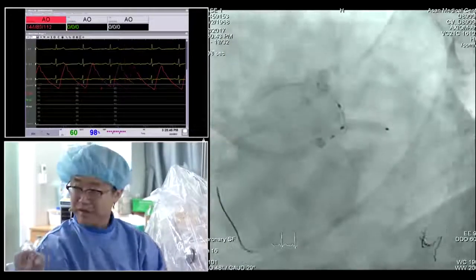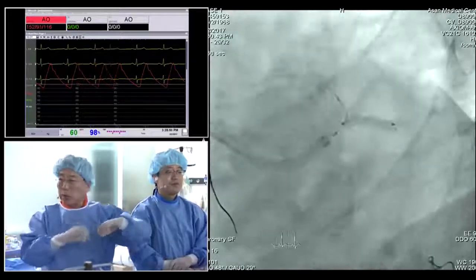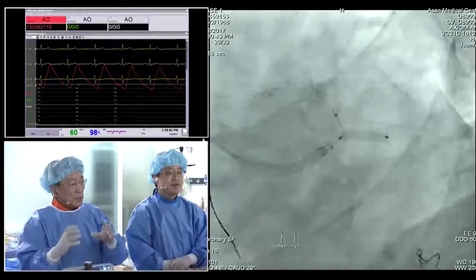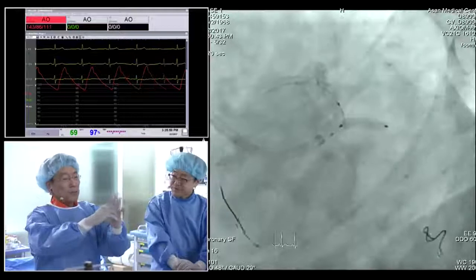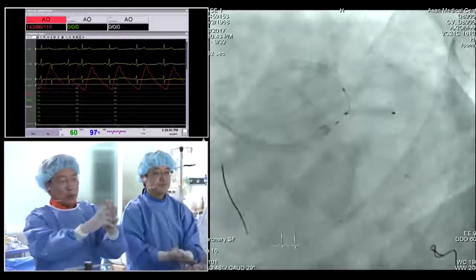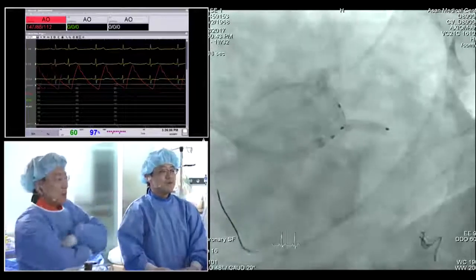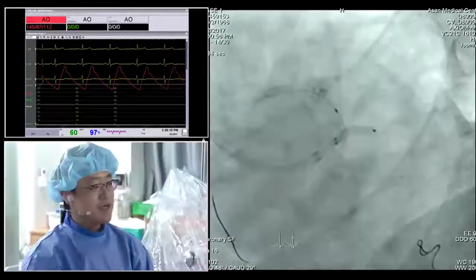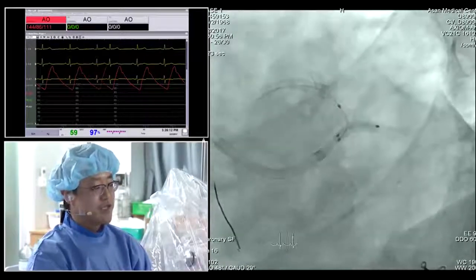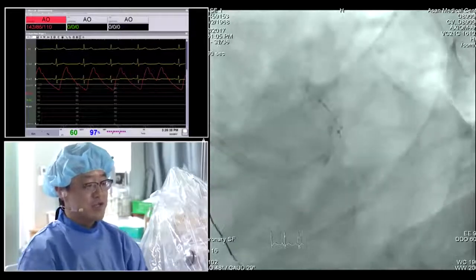However, there was too much compromise of LAD flow, so we did not make it a too complex two-stent procedure. We deployed the circumflex stent first, and then the proximal part of the stent was crushed with a non-compliant balloon, to make it an easier procedure. Next, slightly pulling back, we did additional high-pressure balloon and kissing of the side branch, then removed the balloon and pulled back at the circumflex ostium.